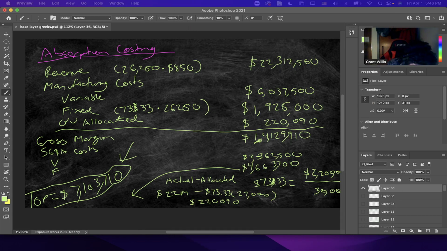Then last but not least, you find the OP, the operating profit. Exactly. Is that the gross margin minus the variable and fixed costs? Yep.